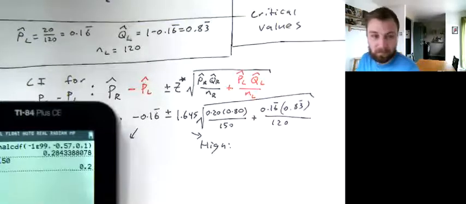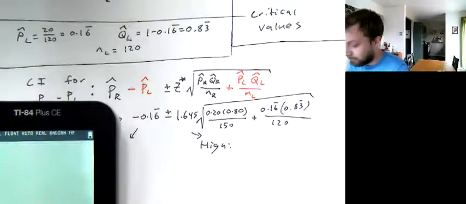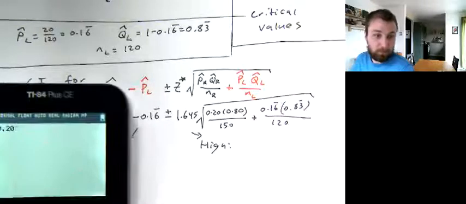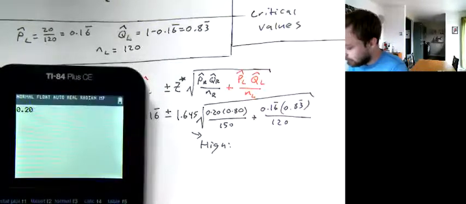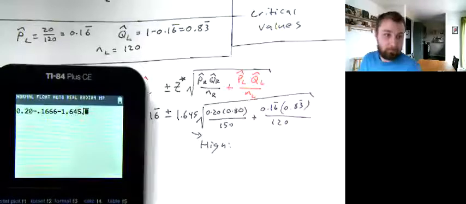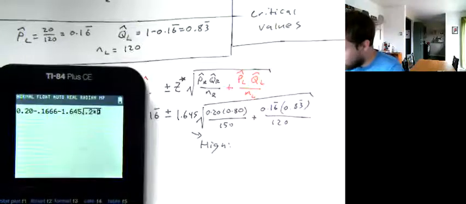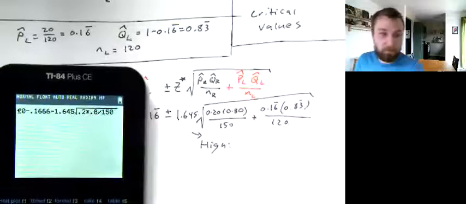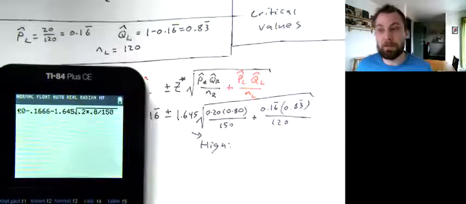So in my calculator, I'm covering up that 20% that I'm typing in, but I have 20% minus 1/6 minus 1.645 square root. I have 20% times 80% over 150. And you notice I'm not going crazy with my parentheses here.